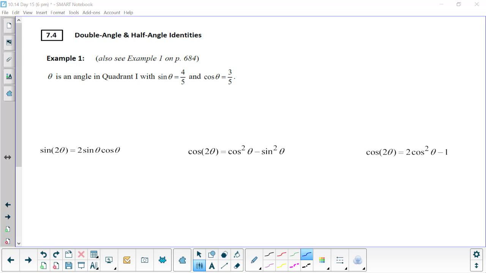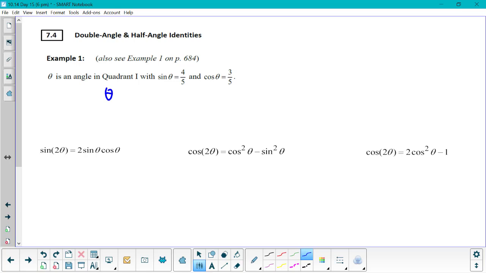Hello, let's look at using the double angle identities. So I'm starting with an angle theta in quadrant 1, and I know the value of its sine and cosine. If theta is in quadrant 1, then I know its measure is between 0 and 90 degrees.